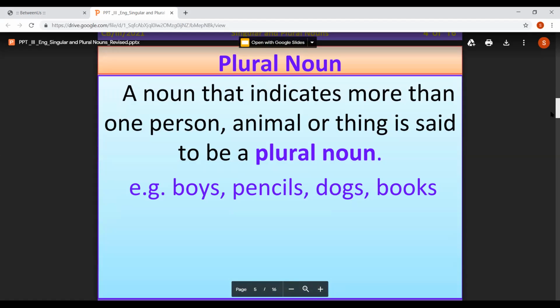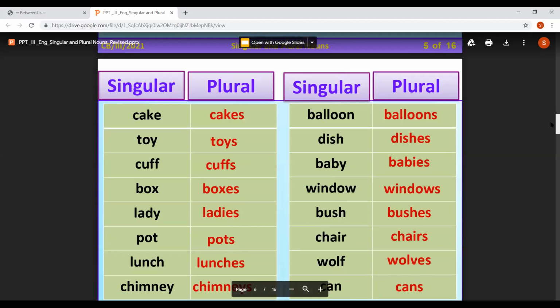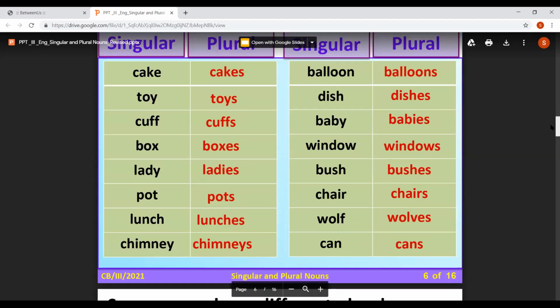A noun that indicates more than one person, animal, or thing is said to be a plural noun. Example: boys, pencils, dogs, books. You observe here, we have added -s to the nouns, right?